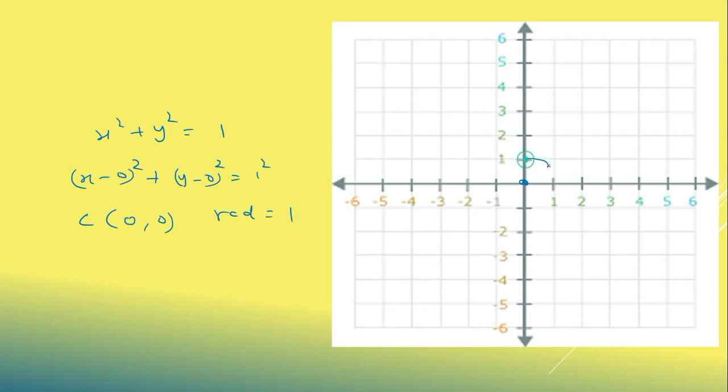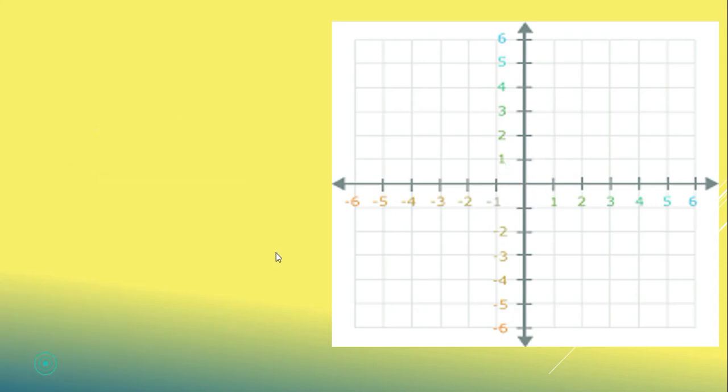So 1 unit in all directions. So it is a small circle, very simple. And there are different circles which can be centered on the x-axis alone if the y part is 0, on the negative side of the x-axis also, on the positive side of the y-axis also. There are different kinds of centered circles.